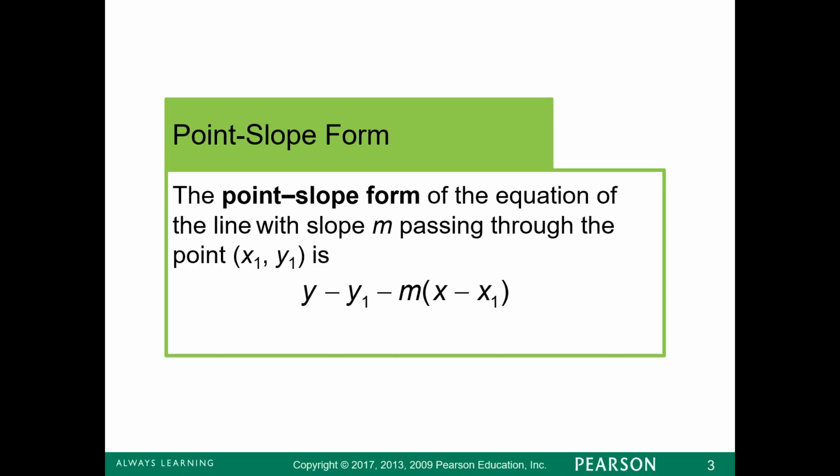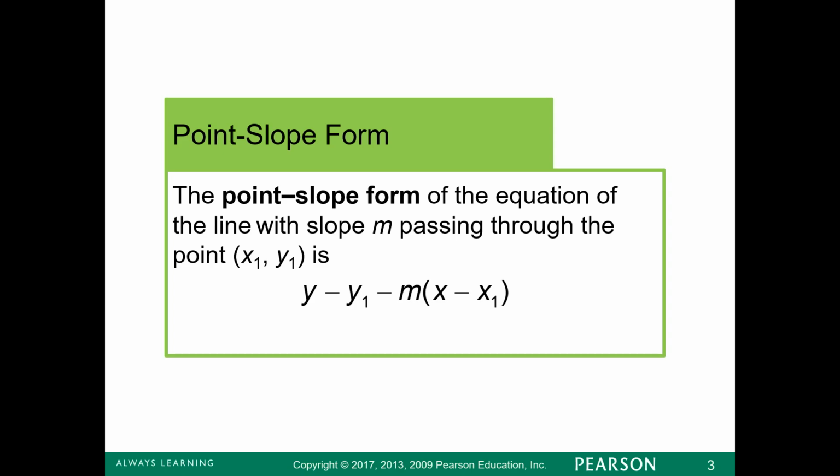If you know a point on the line and the slope of the line, then you can find the what? Equation of the line. Right?